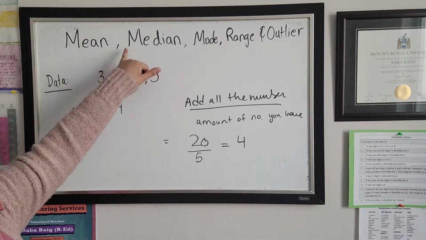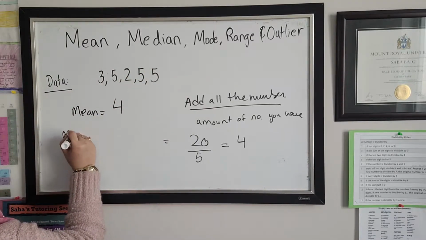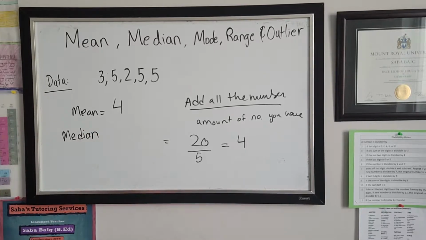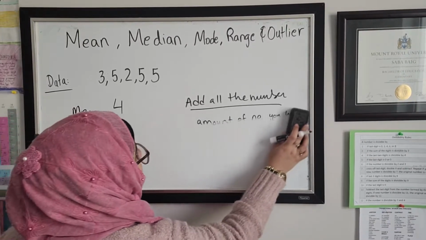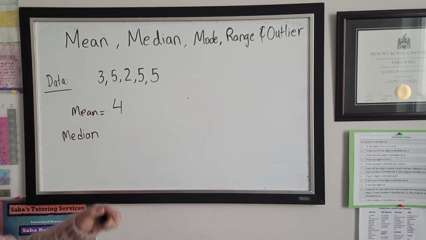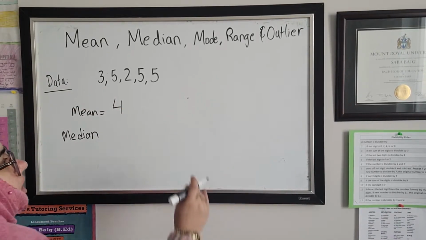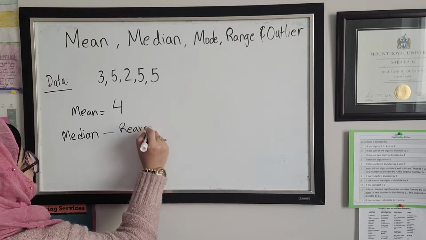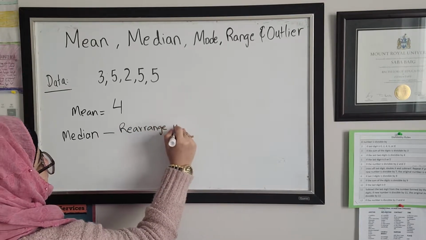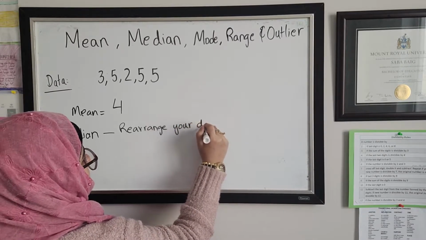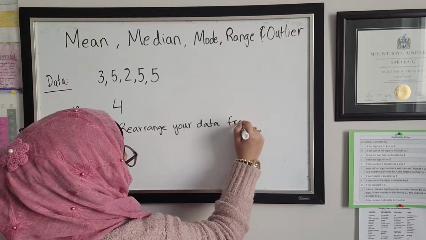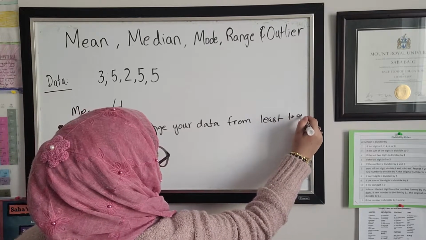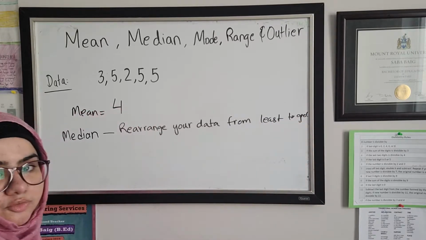Okay, now median. In order to find the median of any data, what you have to do is rearrange your data from least to greatest.